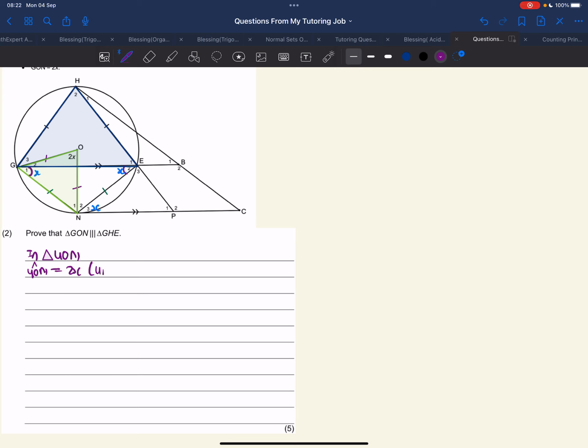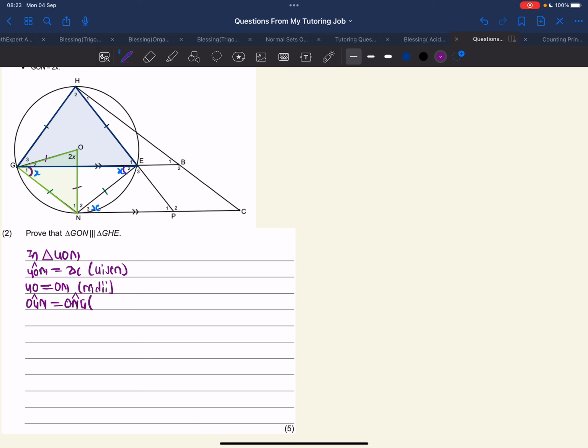Now to find the other angles, I need to find angle OGN and angle ONG. But remember that GO is equal to ON, so angle OGN is going to be equal to angle ONG, right?